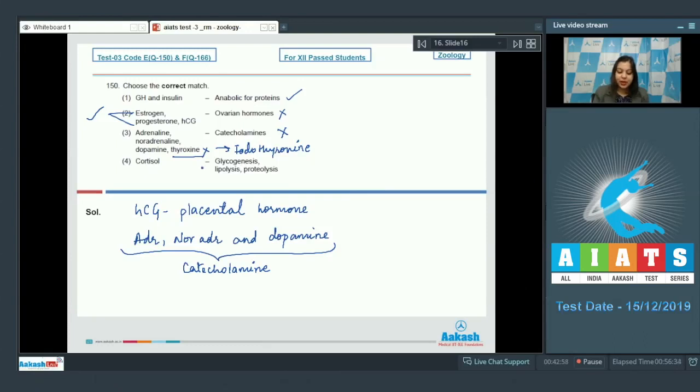Number 4, cortisol promotes glycogenesis, lipolysis and proteolysis. So cortisol increases the blood glucose level by way of gluconeogenesis. Therefore, the fact that it promotes glycogenesis is incorrect. Glycogenesis is the formation of glycogen. So the correct answer or the correct match is option number 1. So the correct answer becomes option number 1.